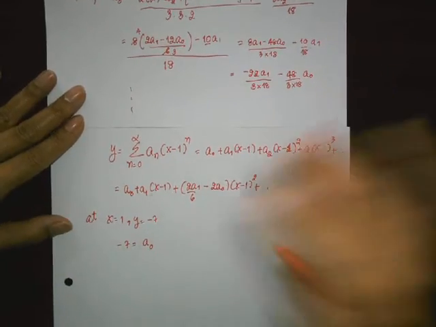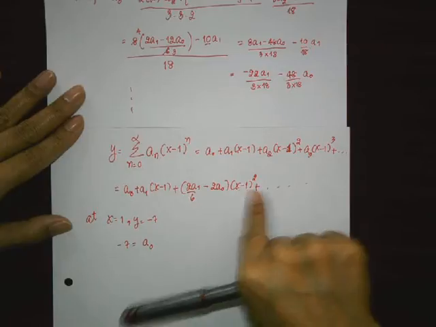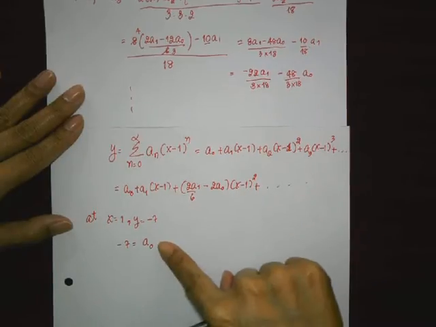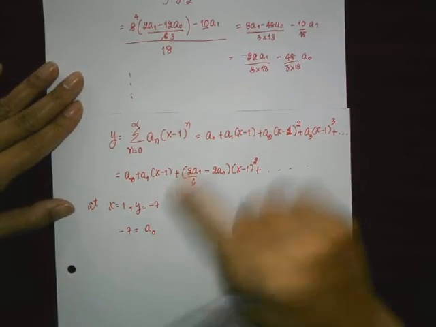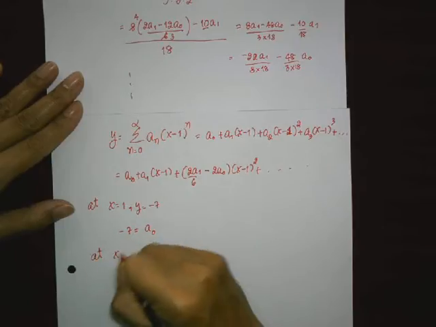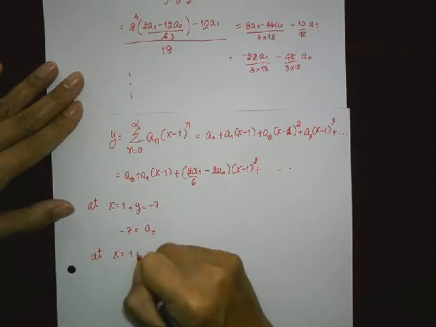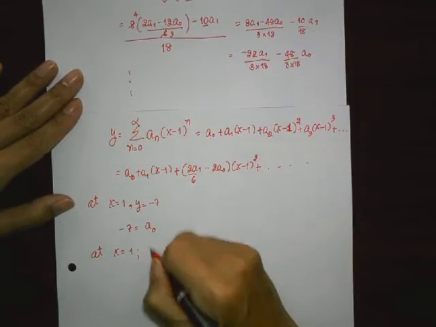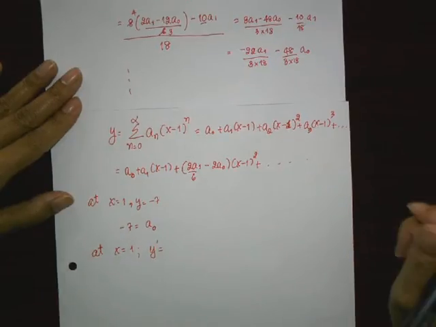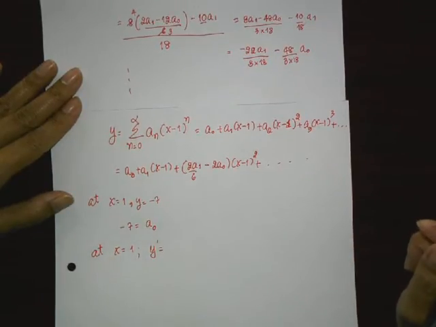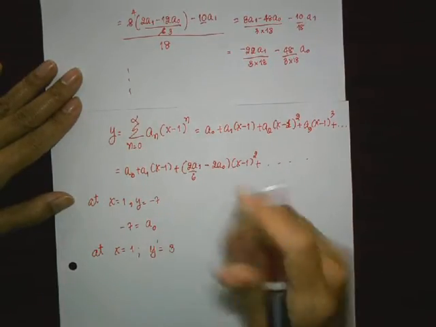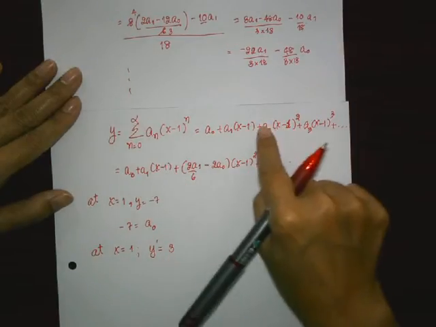Right? Because at x equal to 1, the rest are 0. So we know that our A0 is equal to minus 7. And this second boundary is saying that at x equal to 1, the first derivative of y is equal to 3. So we've got to take the first derivative of our answer.